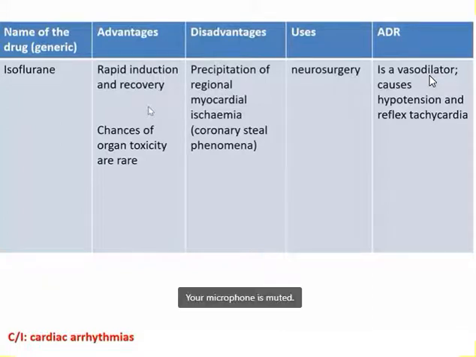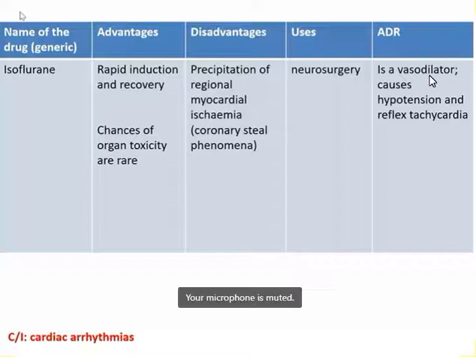Now, they also cause the precipitation of regional myocardial ischemia, which is known as the coronary steal phenomenon. If you remember in your angina classes, there is this phenomenon where drugs can steal away the blood from the affected area. That is also true for isoflurane.